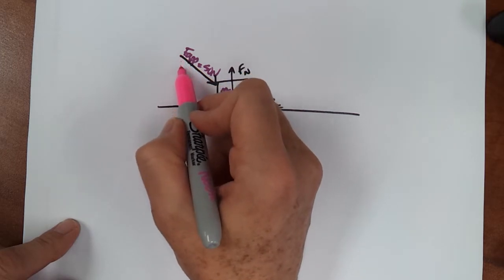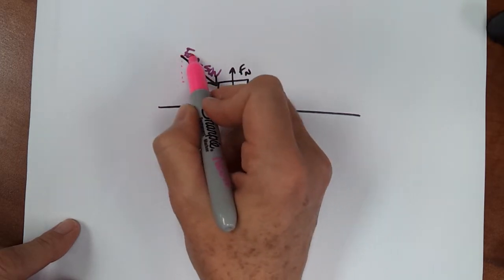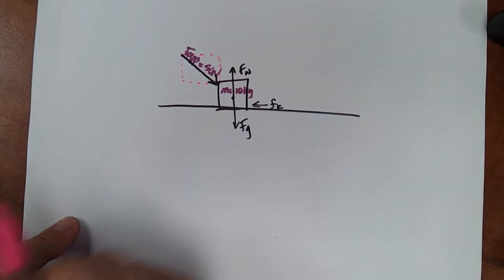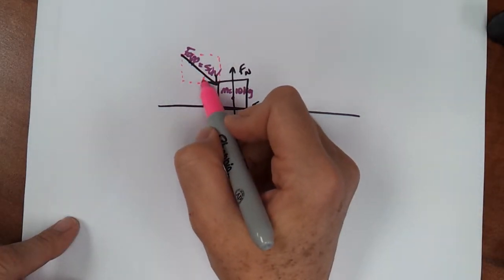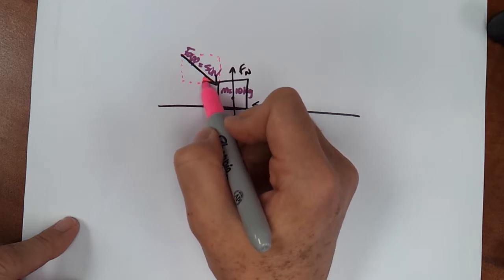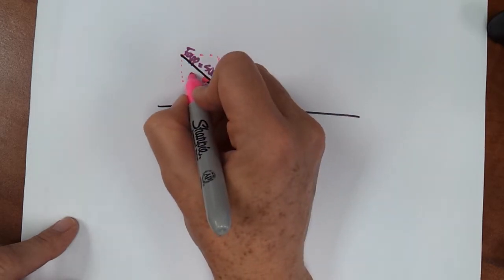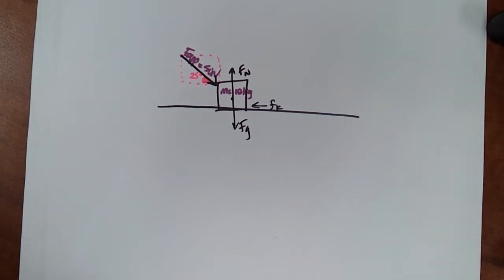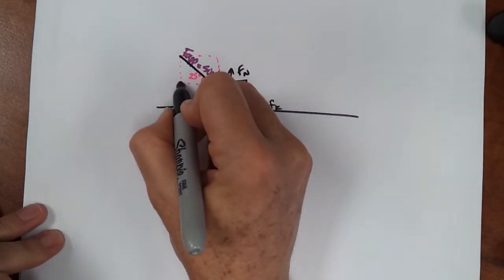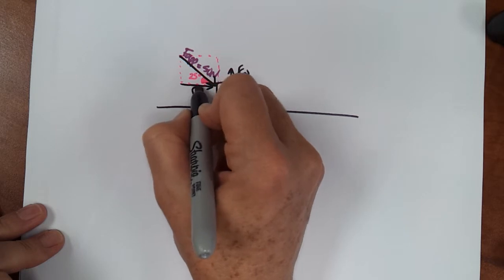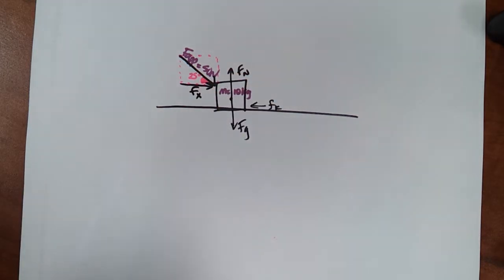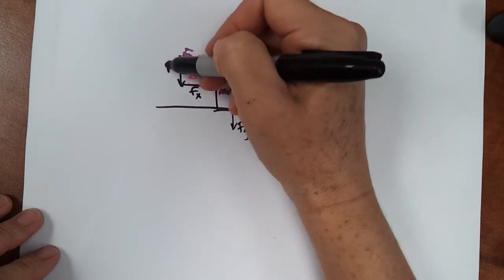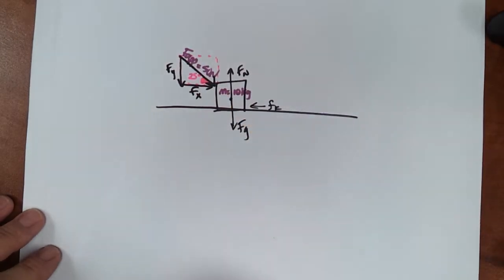So I need to do a little box around that vector, and I need to also give you what this angle is. So let's say that this angle is 25 degrees. This is really the Fx of the applied force, and this is really the Fy of the applied force.